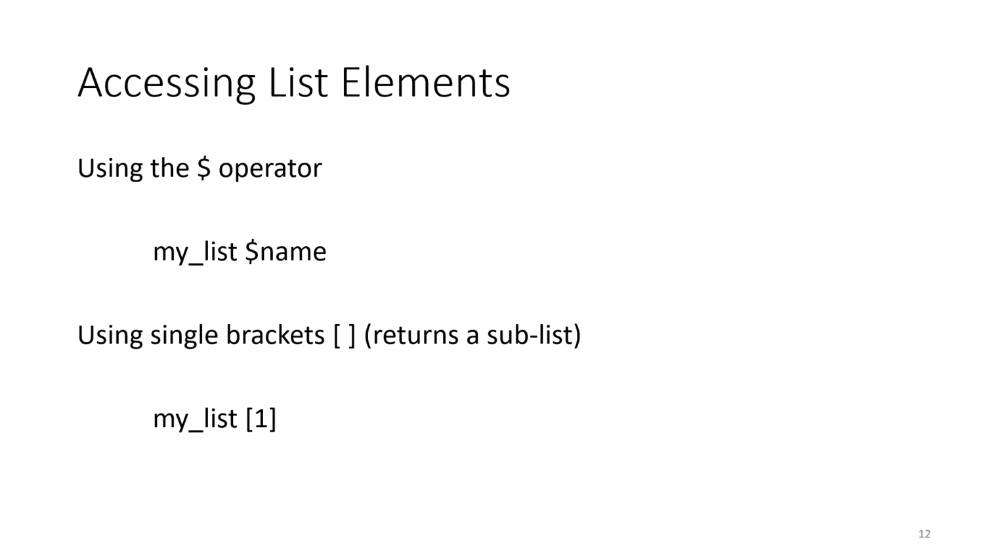We can also use single brackets to access elements like my_list[1], but single brackets return a sublist, not the actual value. So the difference is single brackets give a list while double brackets or the dollar sign give the actual value.